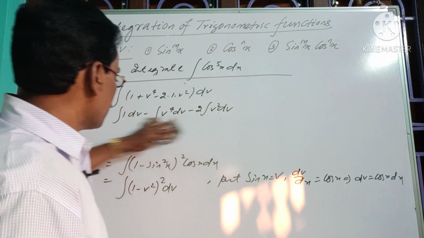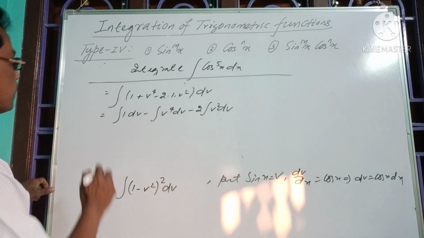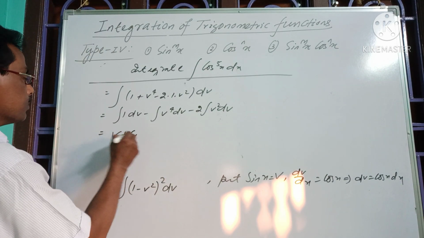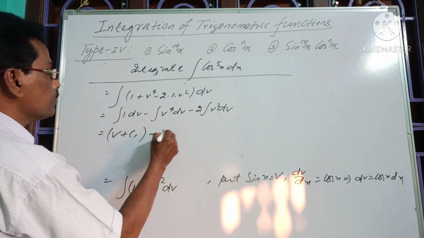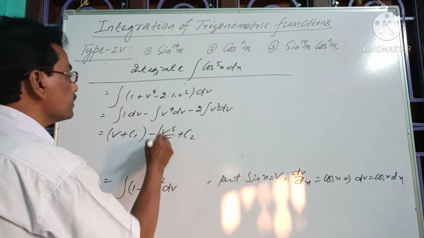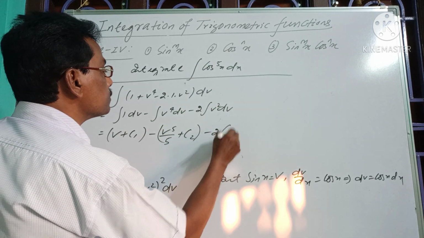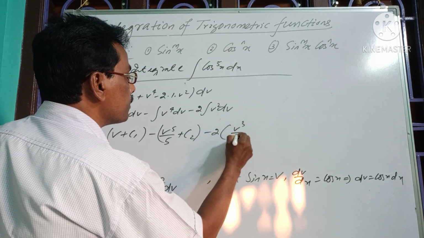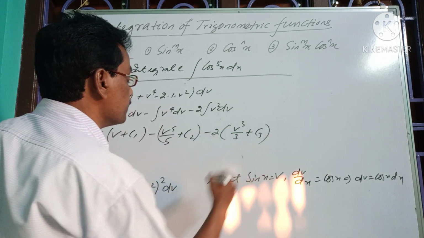So integrating, we have v plus c1 minus v to the power 5 by 5 plus c2, the constant of integration. Again integrating v square, we have v to the power 3 by 3 plus c3 as constant of integration.